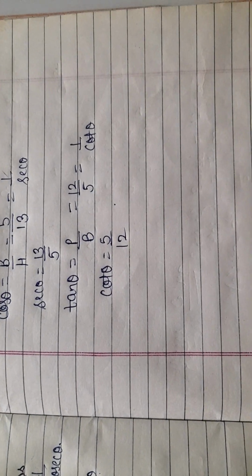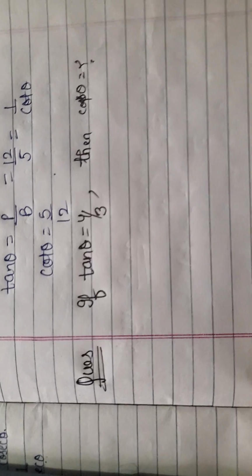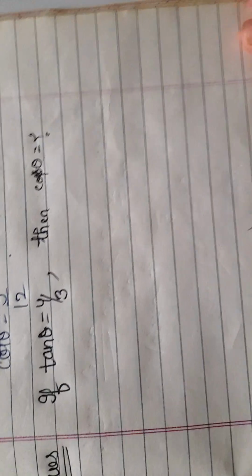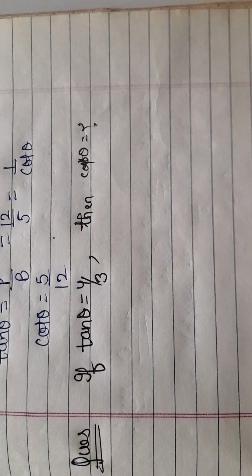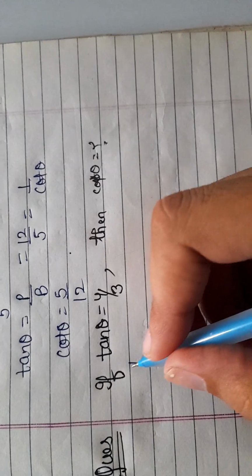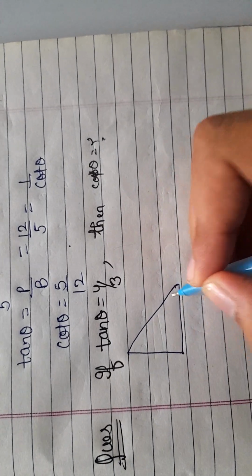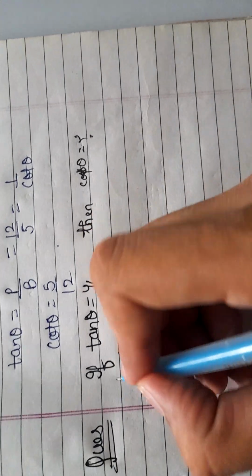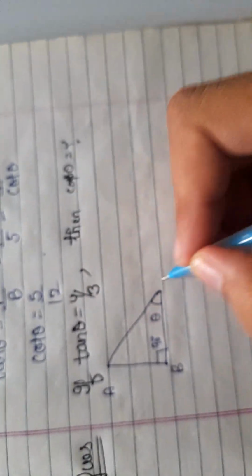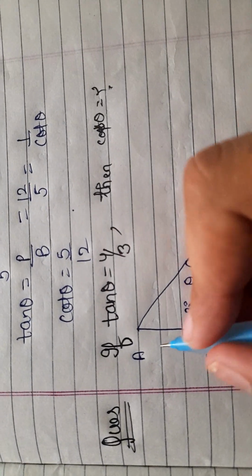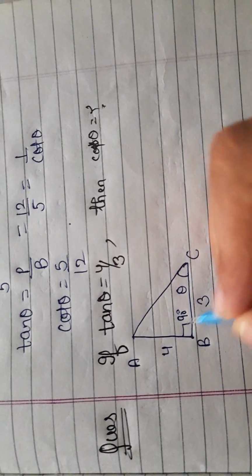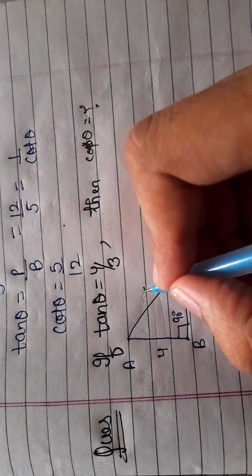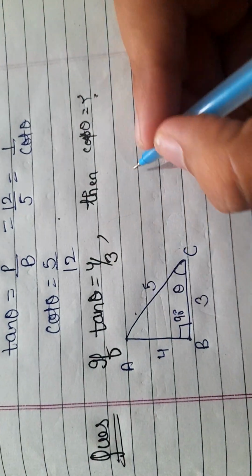Now we'll try one more question based on this. Okay, we are given this question. We are given tan theta, and as we know, mainly it will be a right angle triangle, and just take this theta, A B C. Tan theta is perpendicular upon base, means 4 by 3, and by Pythagoras theorem we will get the hypotenuse.